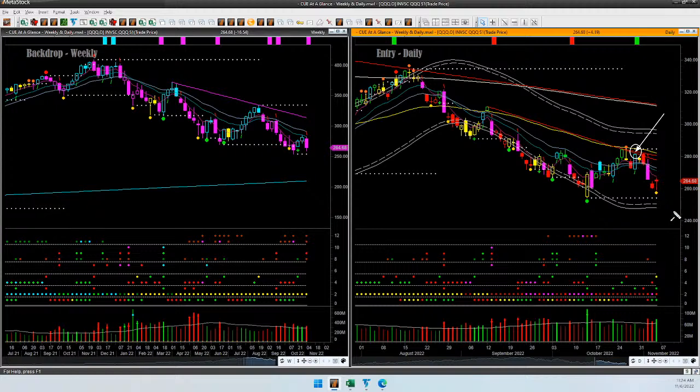Market dropped sharply. Now on Friday we have some bullish signal, not a lot. We have a bullish indecision at the bottom, and probably equally importantly, if not more importantly, we have a bullish reversal candle at price extreme low.